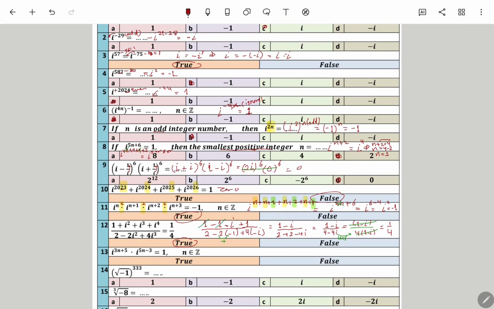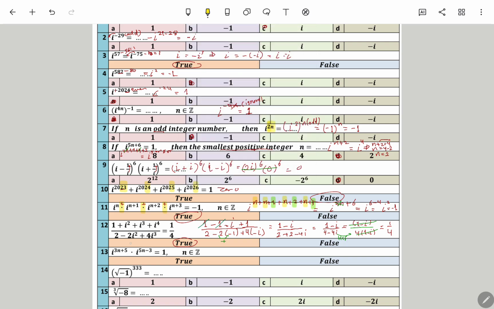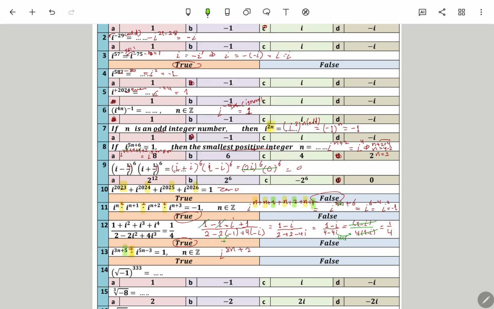In question 13, because we have addition, we have to add powers because of the multiplication between the same base. So we are going to add powers. So let's add them. We can have i to the power of 8n plus 2. Take care about the signs of the numbers.